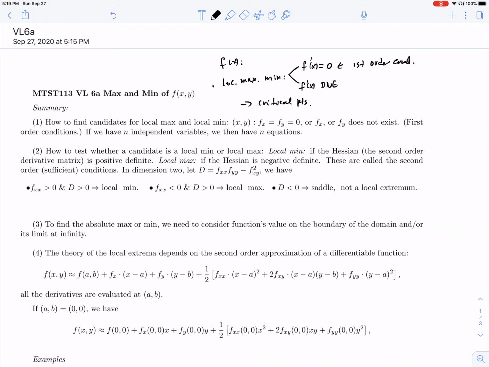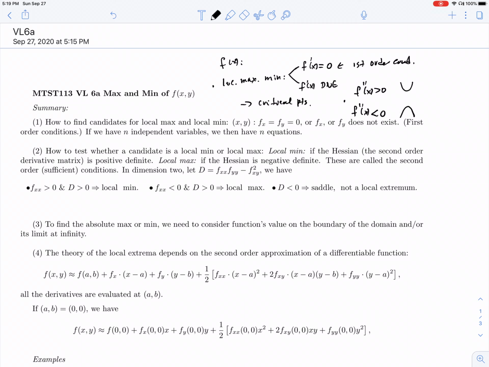We will only use second order conditions. For the second order condition, if your second order derivative is positive, then we have local minimum. If your second order derivative is negative, then we have local maximum.